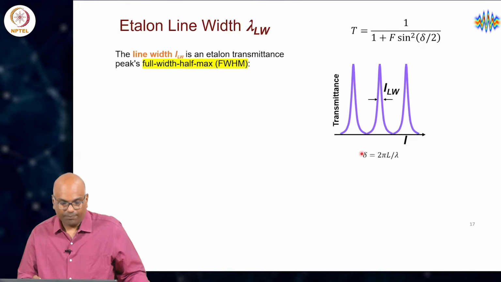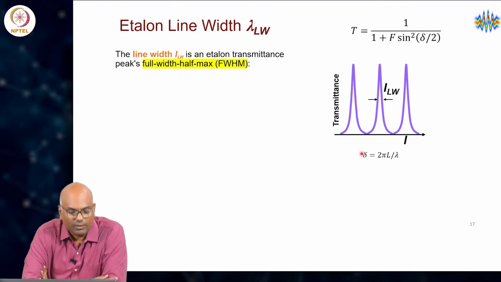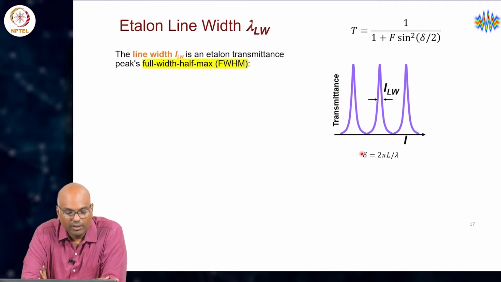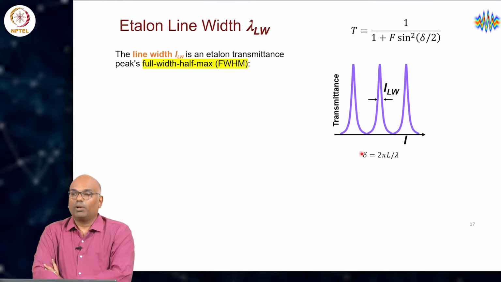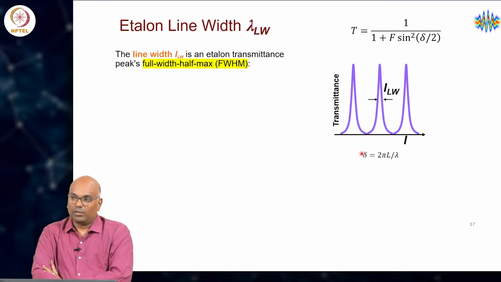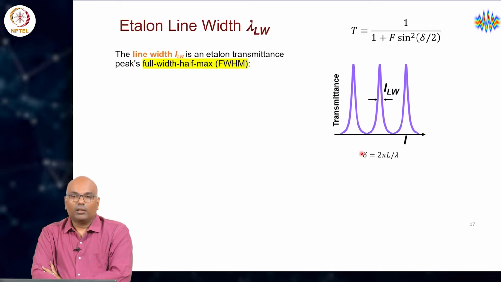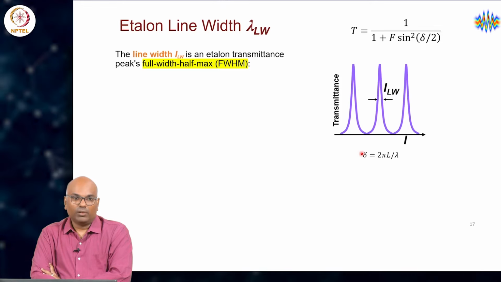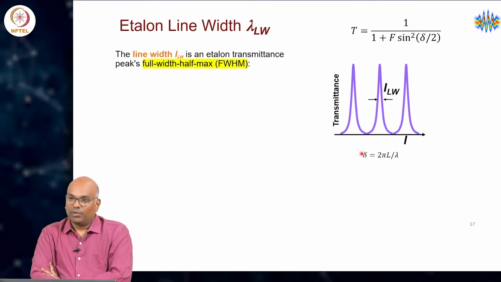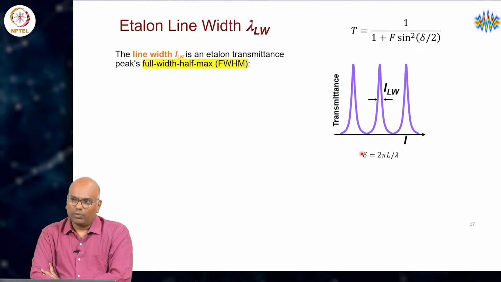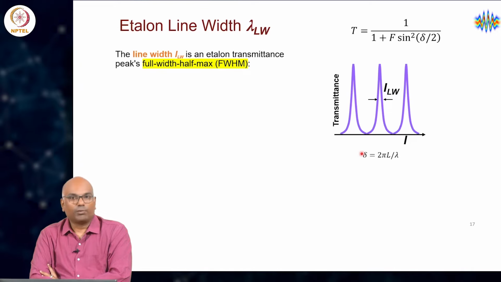So, that is that. Now let us address an important qualitative and quantitative feature of etalons. We earlier considered 3 etalons and their transmittance plots for f equal to 200, f equal to 1, and even f equal to 0.2.